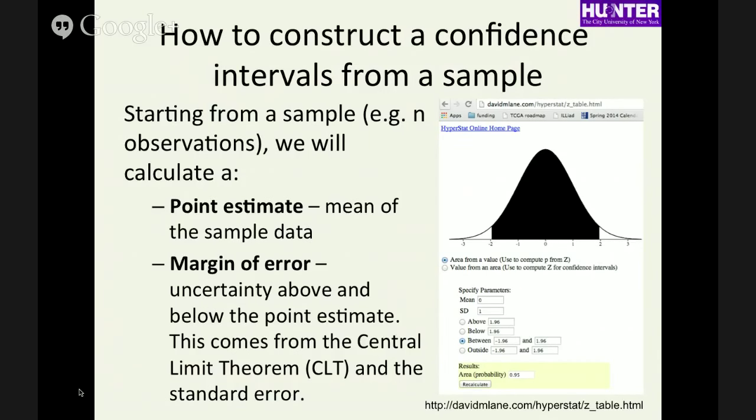So in order to construct that confidence interval, you first need a point estimate. And remember that because the mean of the population and the mean of the sampling distribution are identical, the best guess, the point estimate, is going to be the mean of our sample.